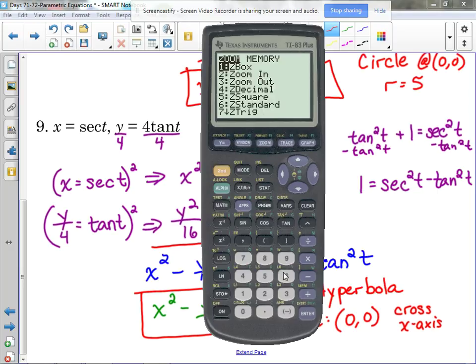I'm going to go back to standard zoom because that looks all bunched up. I told you the other day when it graphs these, it actually puts the asymptotes in there for you. That's what the x in the middle is. But here is the actual curve of the hyperbola on the left and on the right. It's centered at the origin. It crosses the x-axis.